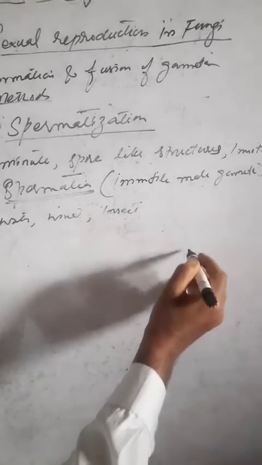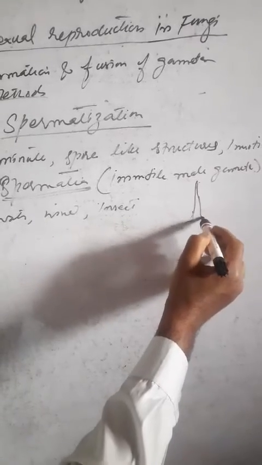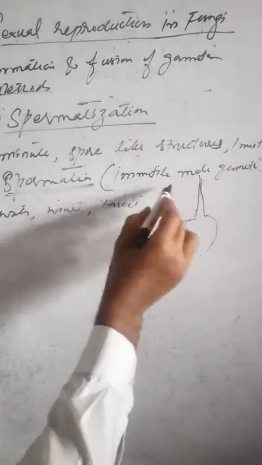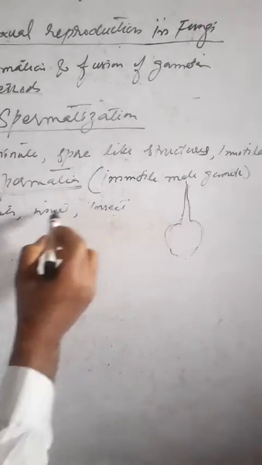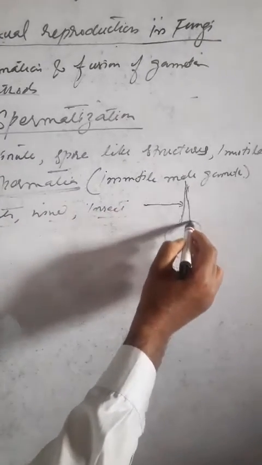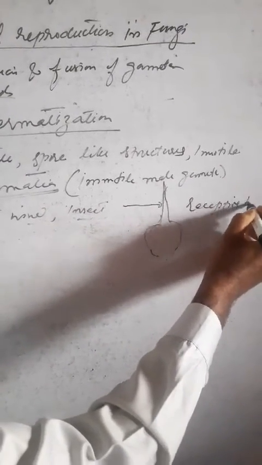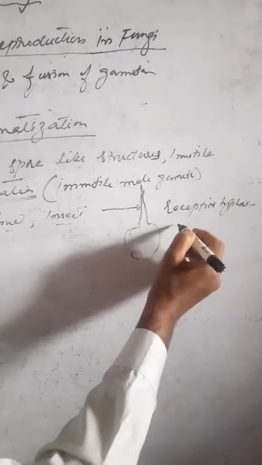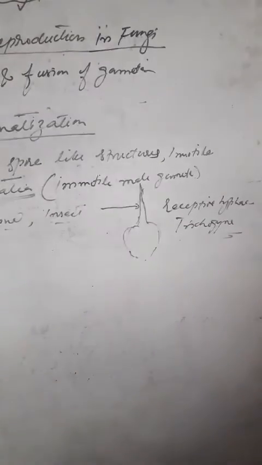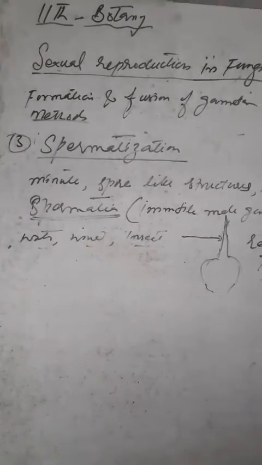There we have special receptive hyphae formed from the female gametangium, and the spermatia are received by this receptive hypha, which is called the trichogyne, and then the further process takes place. This is spermatization.